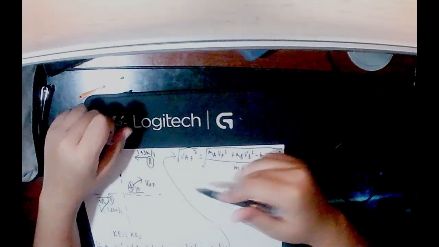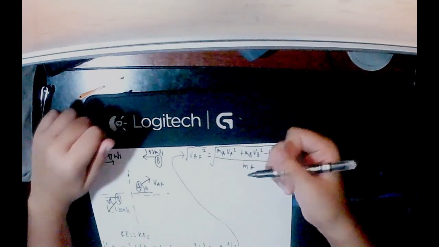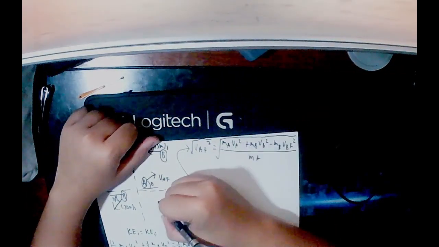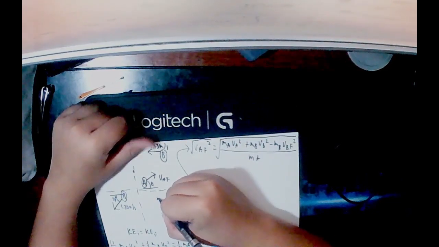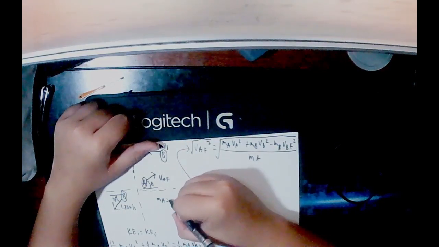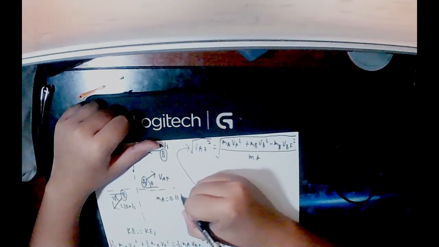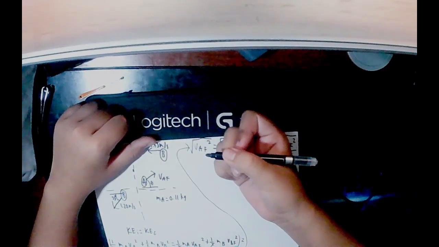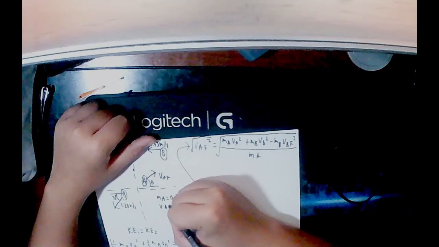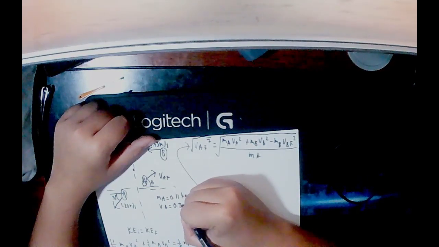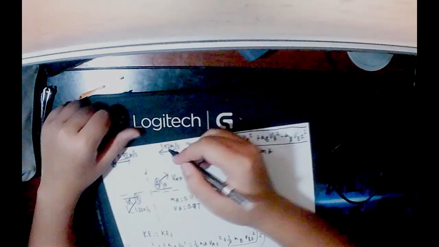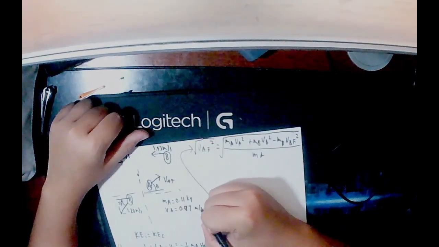So, masyado mahaba siya at mukhang hindi kasya sa papel natin. Pero, ito ang mga given niya. M sub A is equals to 0.11 kilograms. Okay. Tapos, ang V sub A natin is equals to 0.97 meters per second.